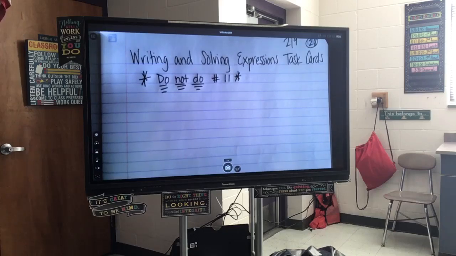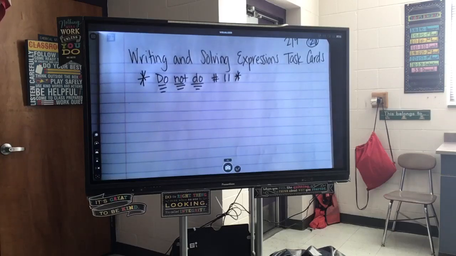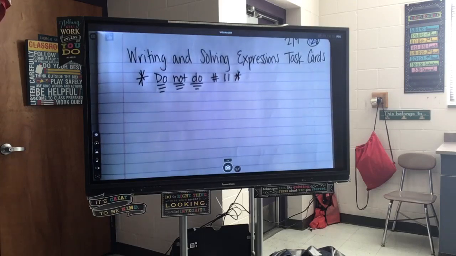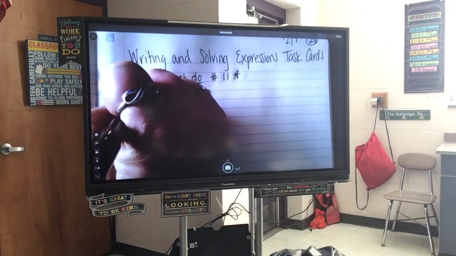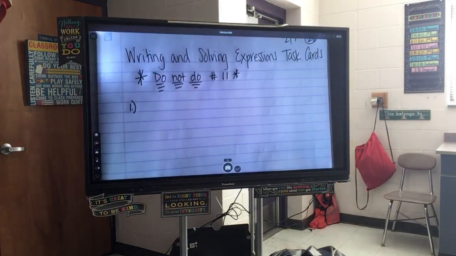Now, your task cards range from writing expressions, to writing expressions and identifying what's going on, to writing expressions and plugging information in and solving them. So for example, number 1, and yes, I need you to be organized, and yes, I need you to stay neat. Number 1 says, write the expression using numbers and symbols.